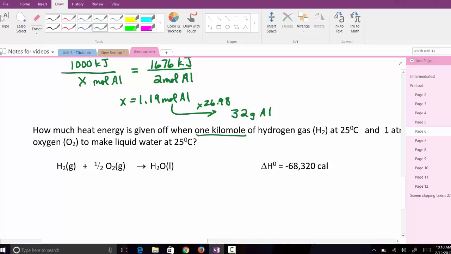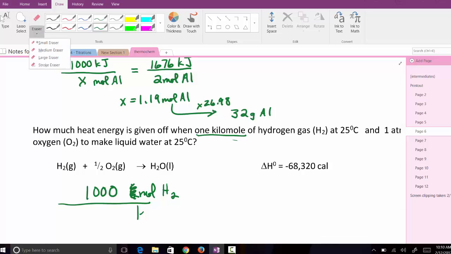Okay, so here we have 1 kilomole of hydrogen gas and our energy is in calories. So I'm going to go kilomoles of hydrogen, or actually moles, let's do. So kilomole would be 1,000 moles of hydrogen to, oops, not kilojoules. This is in calories. So since it doesn't say it has to be in kilojoules, we'll just leave it in calories.